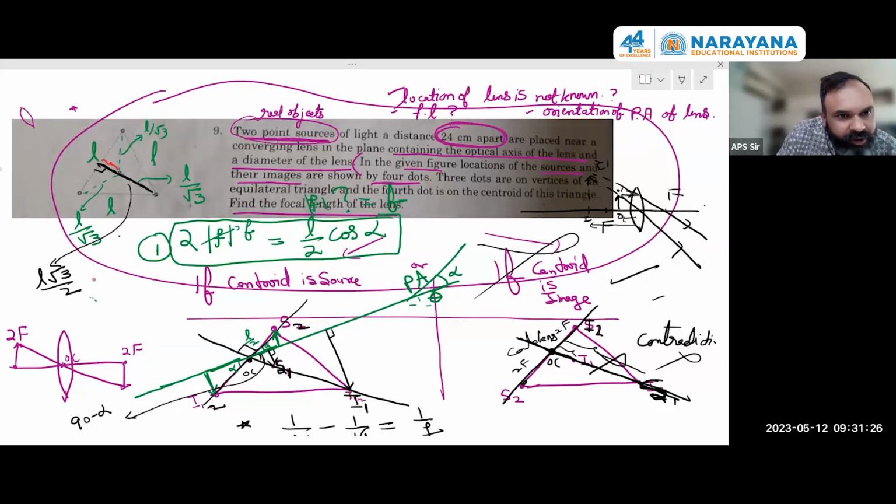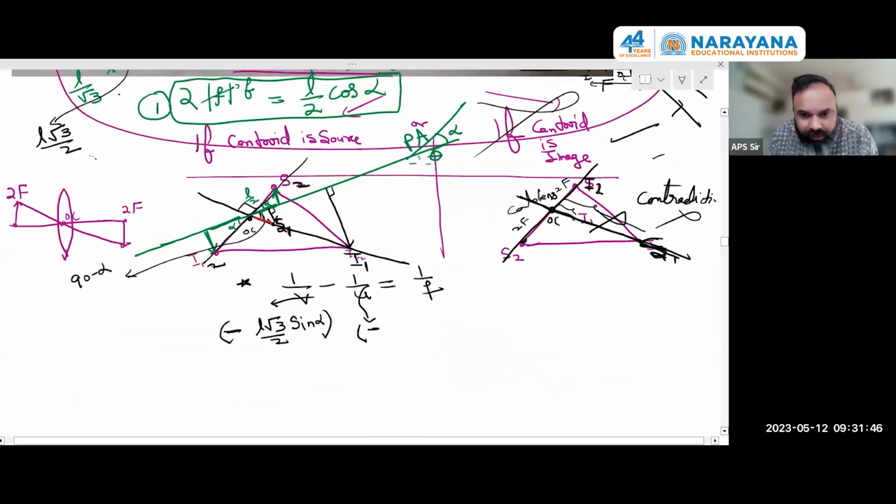The angle is 30 here, so it is 1 by root 3 times L by 2. This distance is L by 2, and tan 30 is 1 by root 3. So this distance is L by 2 root 3. Now what will I get? I'll get minus L by 2 root 3 into cos of 90 minus alpha, so again sin alpha.